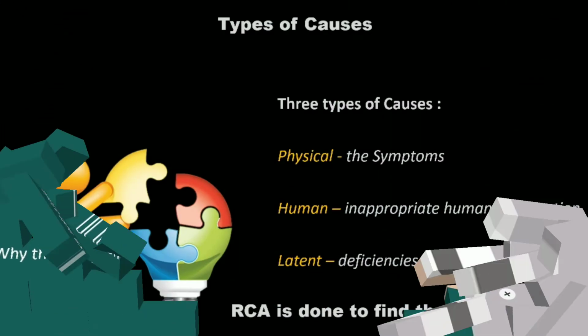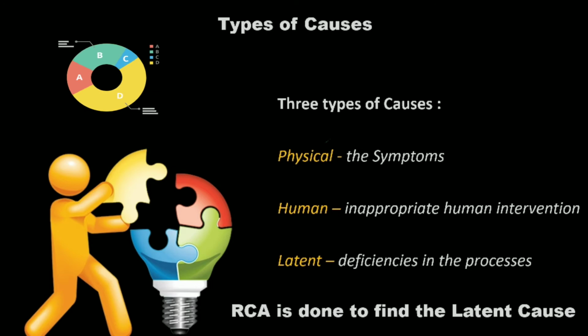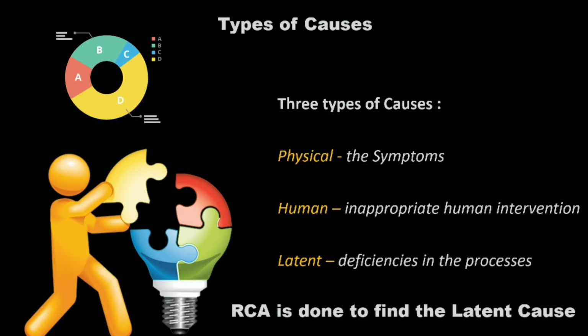Generally, there are three types of causes. The first one is physical cause or the symptoms. The second one is the human cause or the causes related to inappropriate human interventions. These are the two causes where organizations usually focus in a hope to get a permanent solution to their problems.